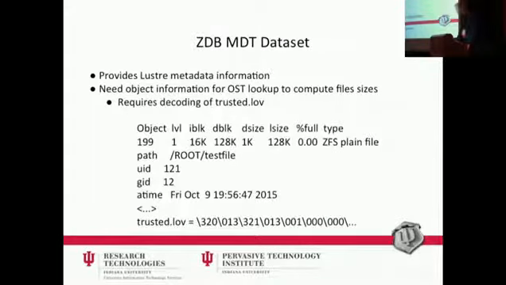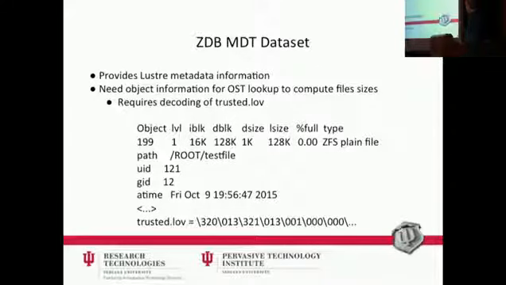To go into a little bit more detail on what you see, down at the bottom is an example of an object from an MDT dump. In this case, you get a ZFS object ID, ZFS object ID 199. It's a plain file. So there's your Lustre path, UID, GID, A time, et cetera. And just for space, I've cut out the rest.